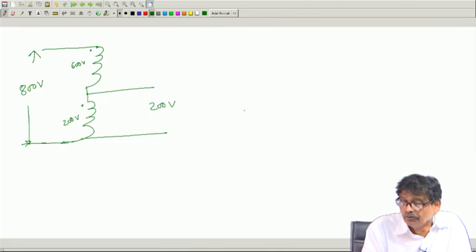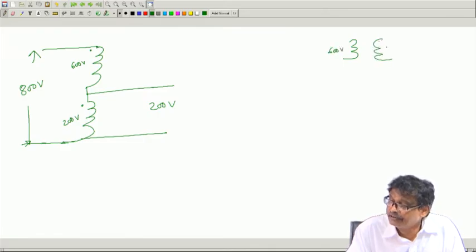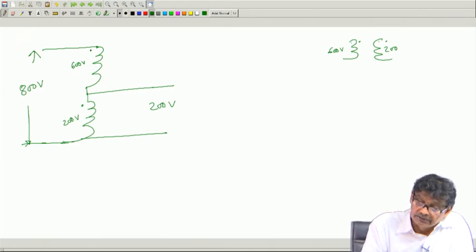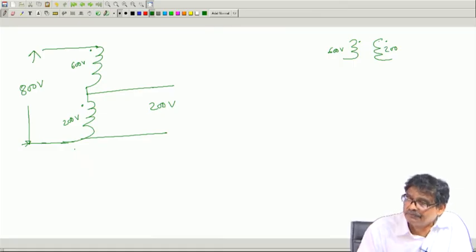Is that clear? So the same two winding transformer, this is 600 volt, this is 200 volt, these two are dots. I have connected them in series with regard to dot polarities and supplied it with 800 volt. So, if it is 800 volt, then here the voltage will be 600 volt even when the load has not been connected, because voltage per turn remains the same, and 200 volt here, and I can supply 200 volt here.